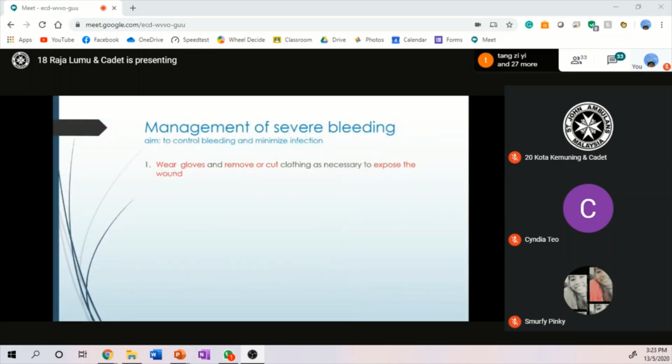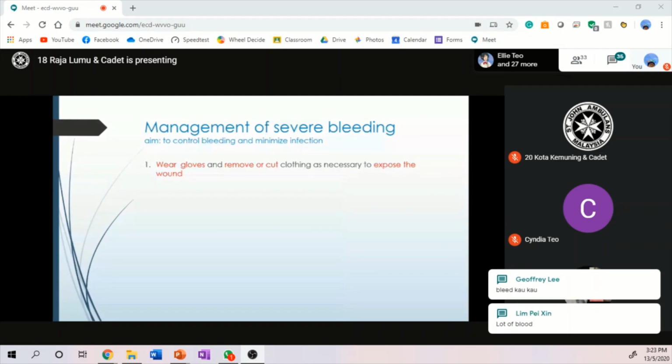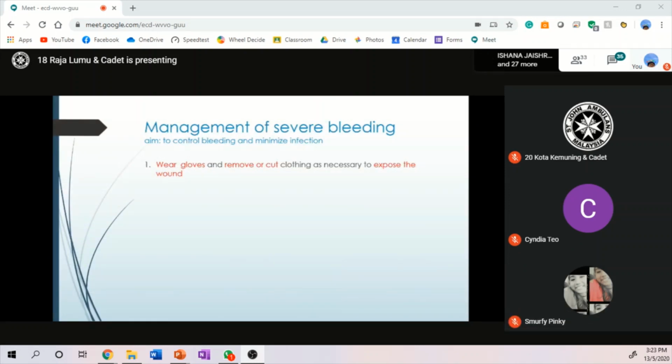Anyone know what severe bleeding is? Yeah, a lot of blood. It's like you lost a large amount of blood.